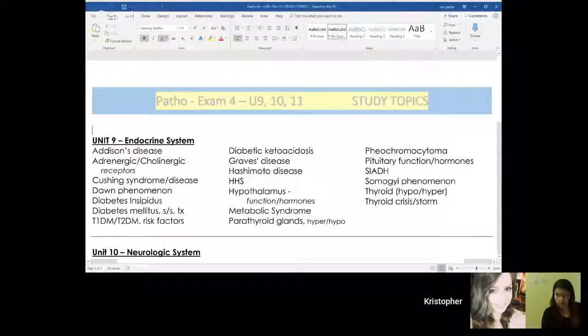Out of the glands in the endocrine system, the hypothalamus, the pituitary, the thyroid, parathyroid, the adrenal gland, and the pancreas, which major gland is SIADH and DI, or diabetes insipidus, associated with? This may help you. The pituitary? It is. It's the pituitary, right?